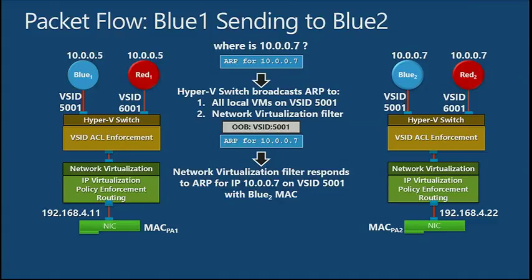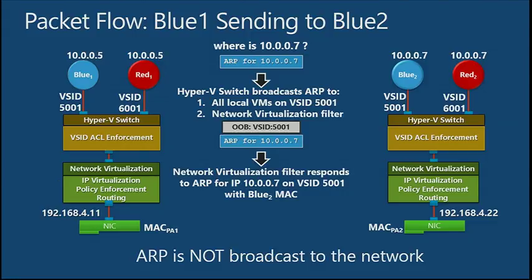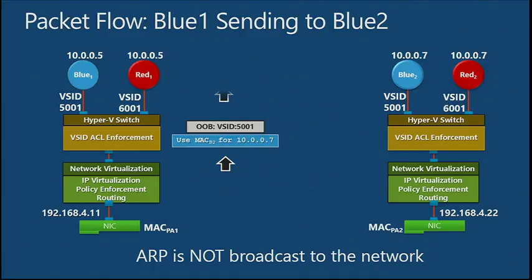Anything else it goes and grabs, demand paging the remaining MAC addresses and IP addresses. So ARP doesn't go out to the network. It's important. Then the network virtualization layer sends up and says, here's your MAC address, tagged with the virtual subnet ID as it goes up.